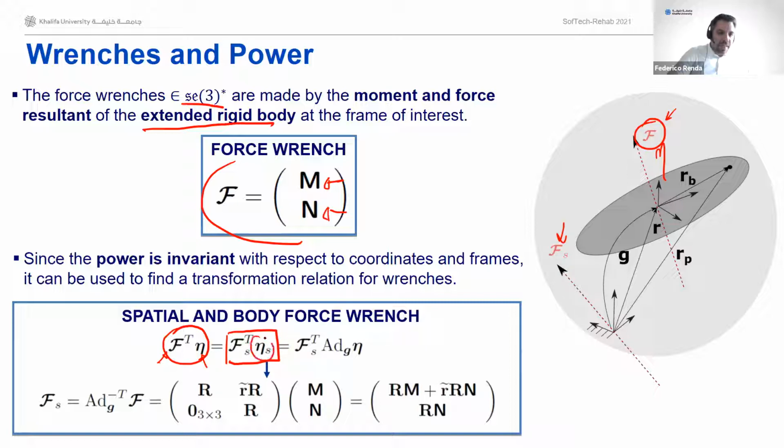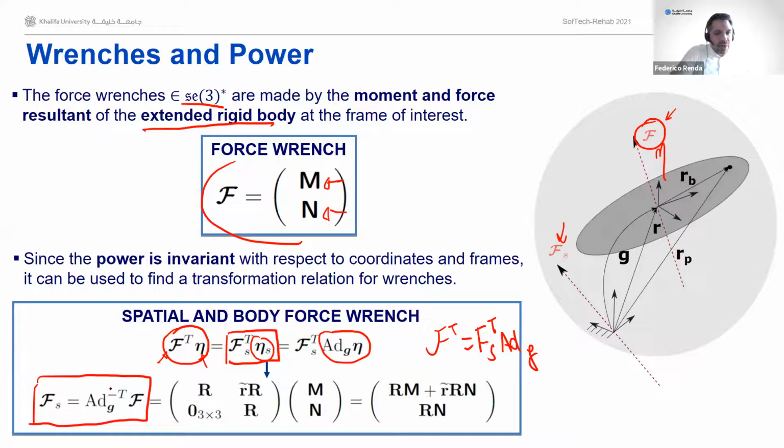Now you replace the spatial twist with the transformation of the body twist, and then equating these two, f_b^T equal to f_s^T adjoint g, you obtain this relation that tells you how to transform wrenches from one frame to another. The explicit formula for the adjoint minus T is this, and we also indicate this with adjoint g star.